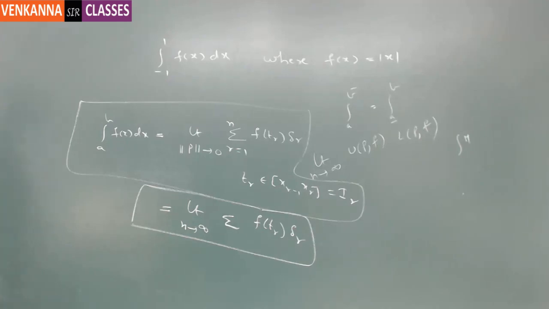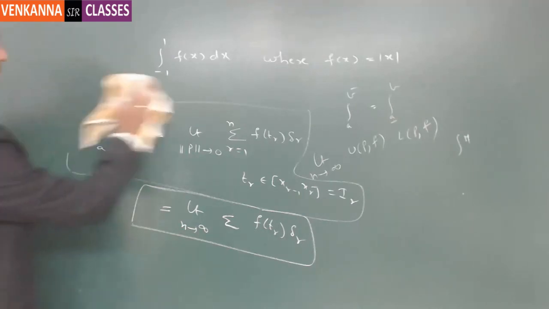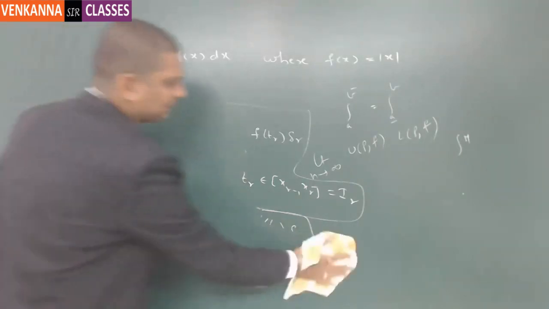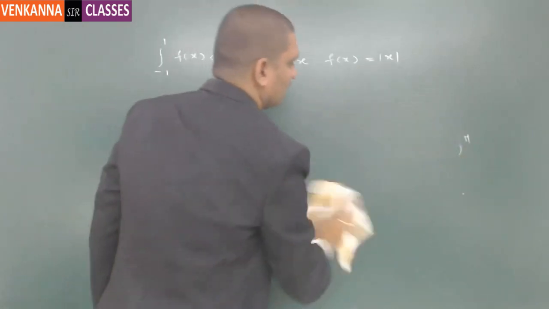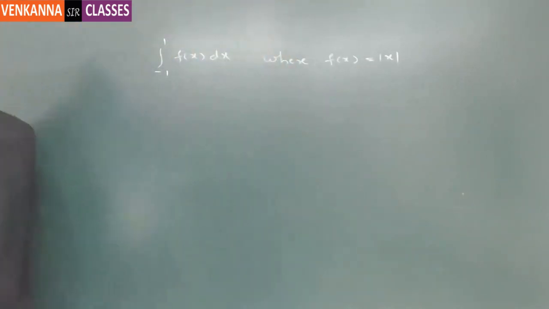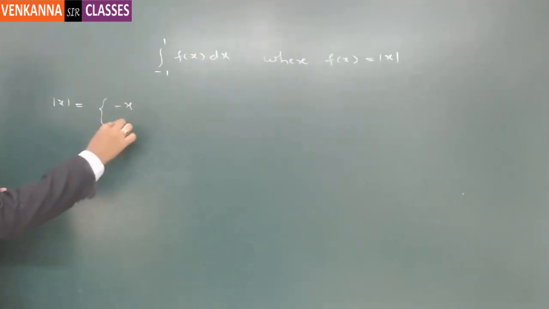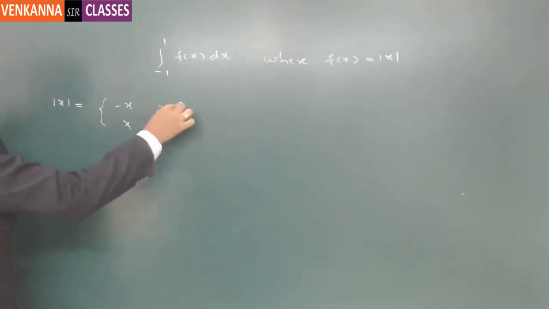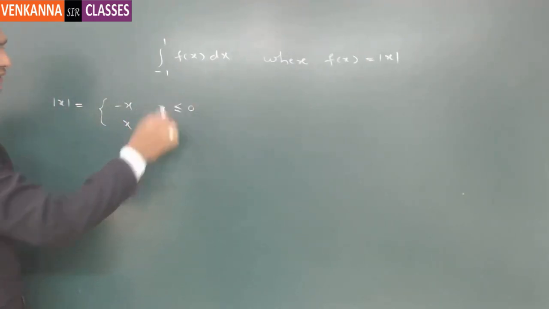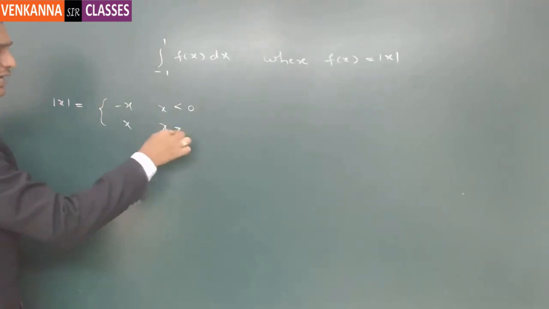Right. Now, let us go into the problem. First of all, we take the function here, which is mod x. As we know, mod x is defined as minus x for x less than 0 and x for x greater than or equal to 0.